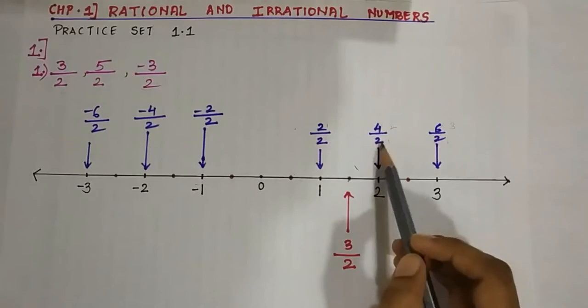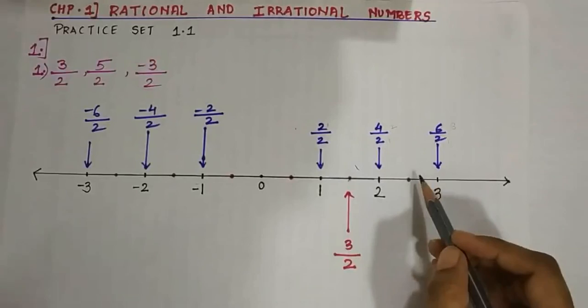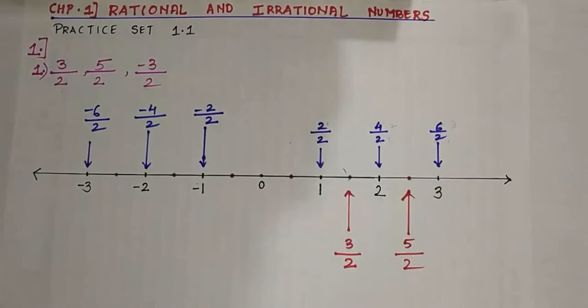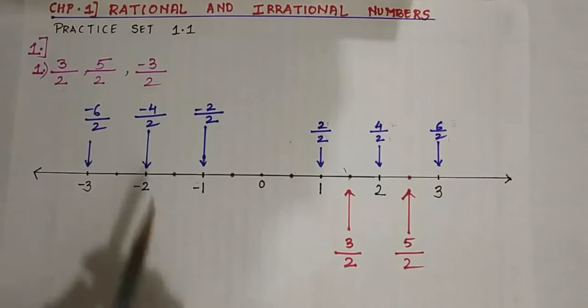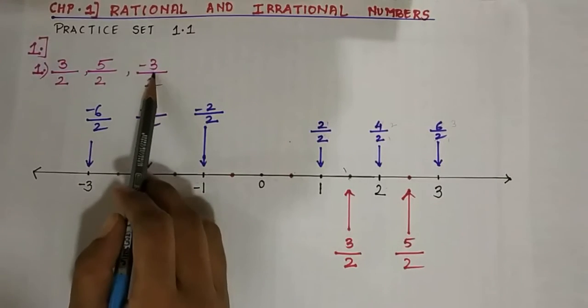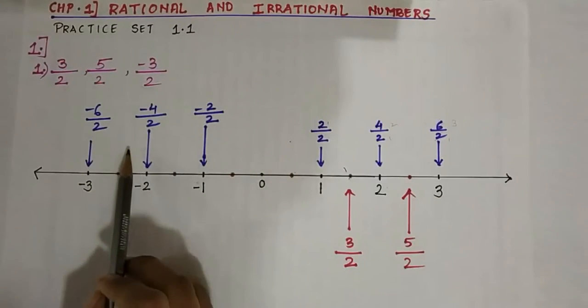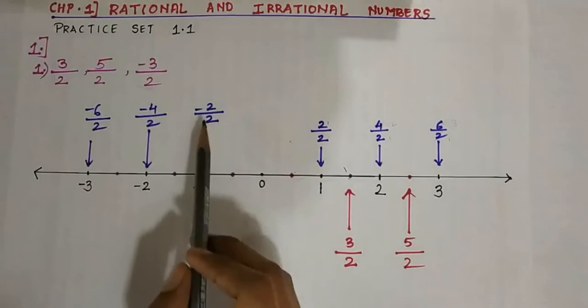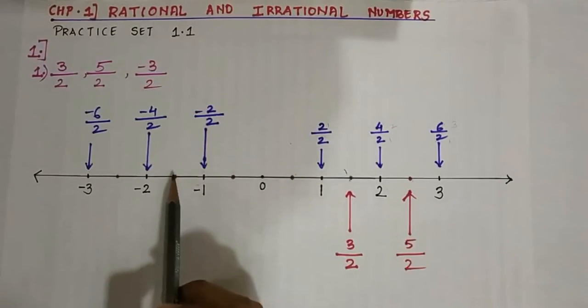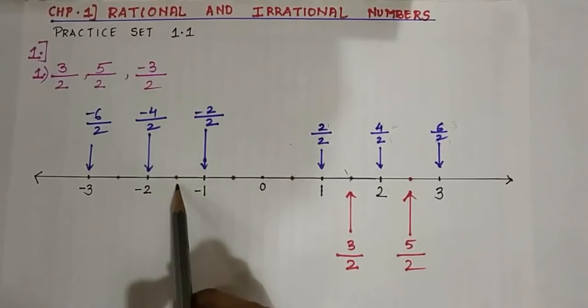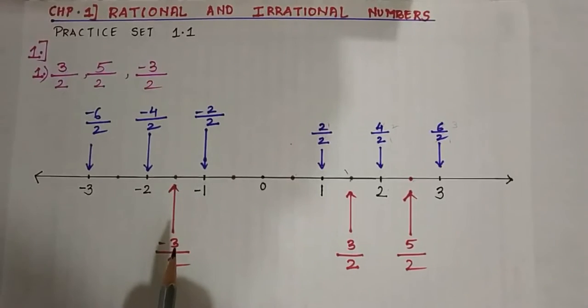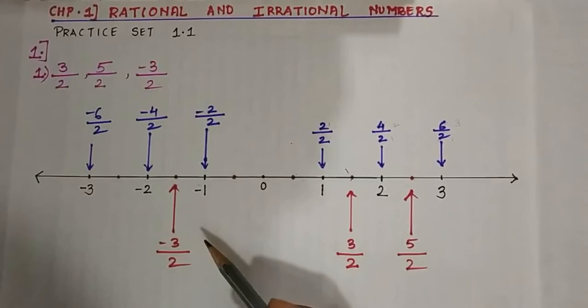So after 4 upon 2, which number will come? 5 upon 2. So this point will be 5 upon 2. Similarly, the next number is minus 3 upon 2. Now minus means it will be towards the left side. So minus 2 upon 2, after that minus 3 upon 2. That means this point over here is minus 3 upon 2.